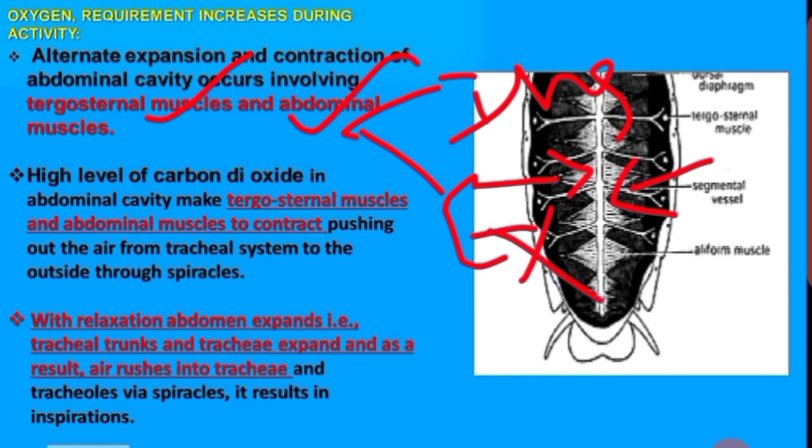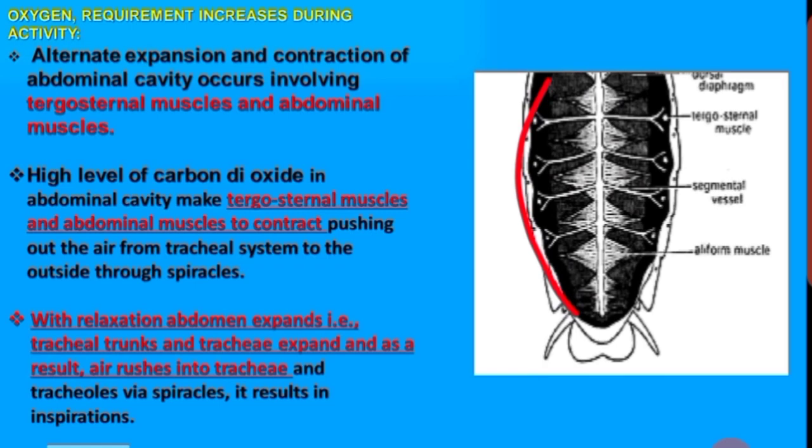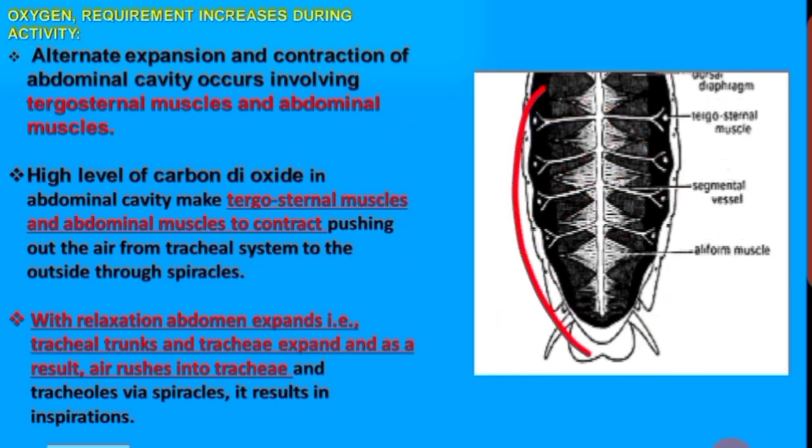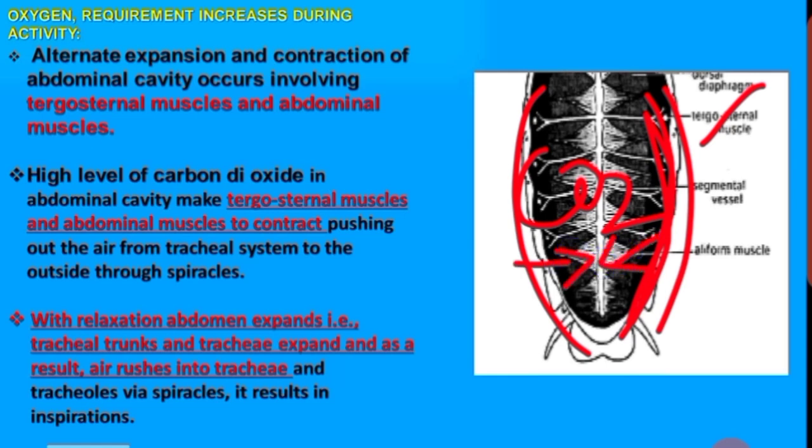A high level of carbon dioxide in the abdominal cavity makes the pterygosternal muscle and abdominal muscle contract, pushing the carbon dioxide out of the tracheal system through the abdominal spiracles.